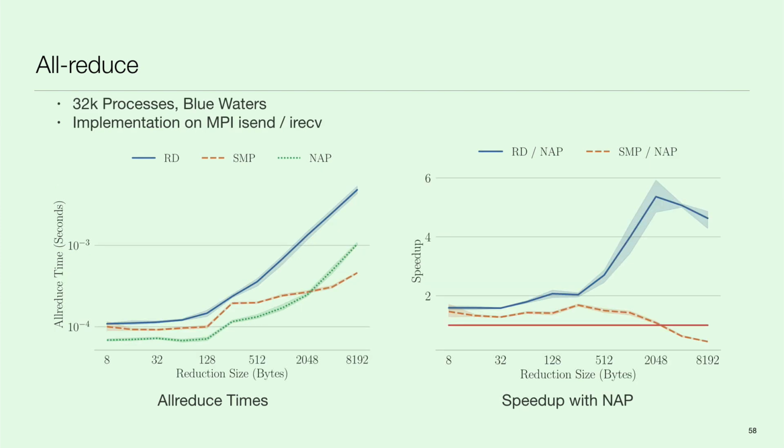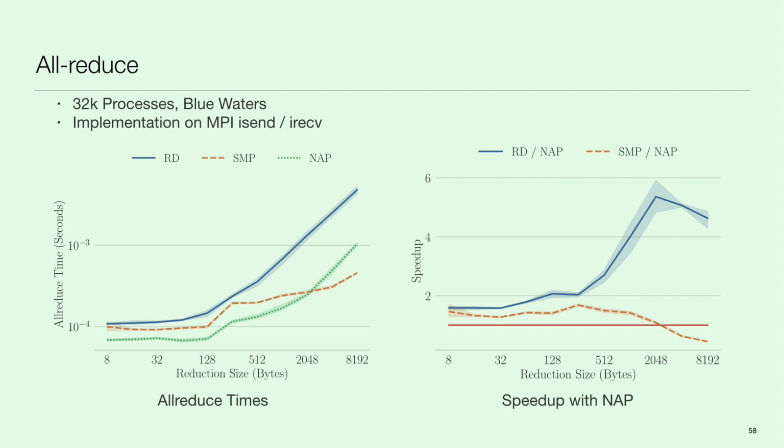We can do the same thing with 32,000 processes and increase the number of bytes, and we see that it works well until we get to that large byte size, and that's kind of to be expected.